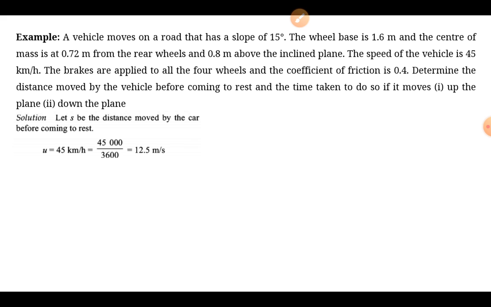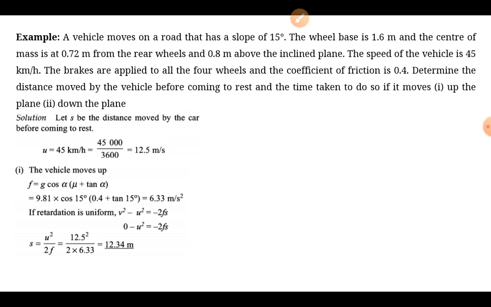So using the same formula which we have used previously, we will get the value of s, that is the distance which the vehicle has moved before coming to rest, right? To calculate the time you have another equation of motion, that is final velocity is equal to initial velocity minus acceleration times t, right?